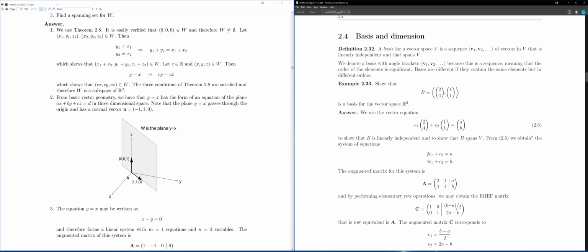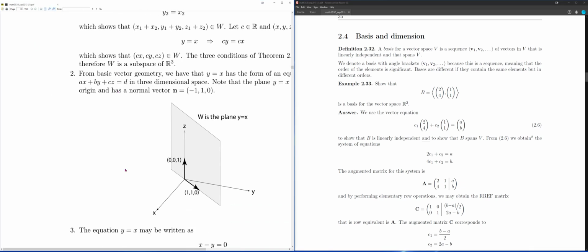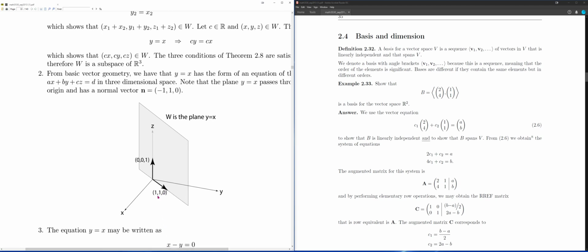I'm saying that a basis would be these two vectors: this vector (1, 1, 0), which is on my xy plane, and this vector (0, 0, 1). These two together would form a basis for my vector space W.